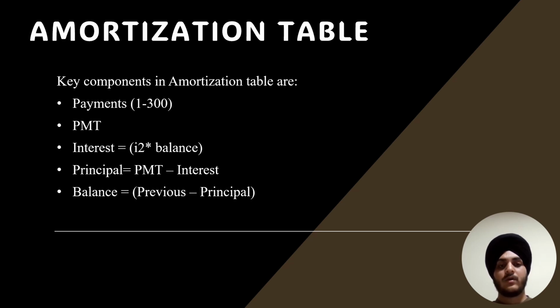When it reaches 300, the balance at the end is 0. That is mandatory because he has completed all the 300 payments. So this is how we construct an amortization table, and this was all about my assignment, and I hope you have felt interested in it.